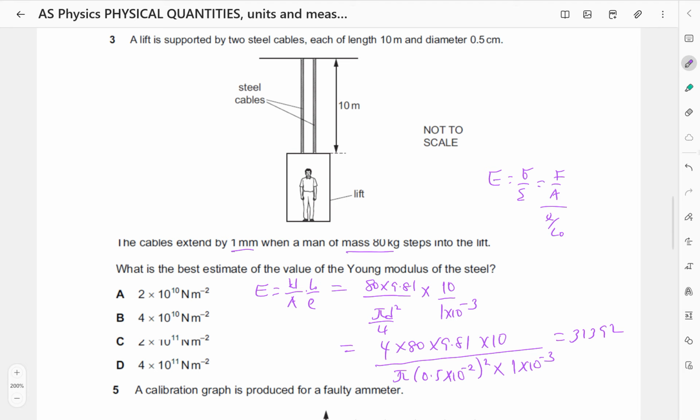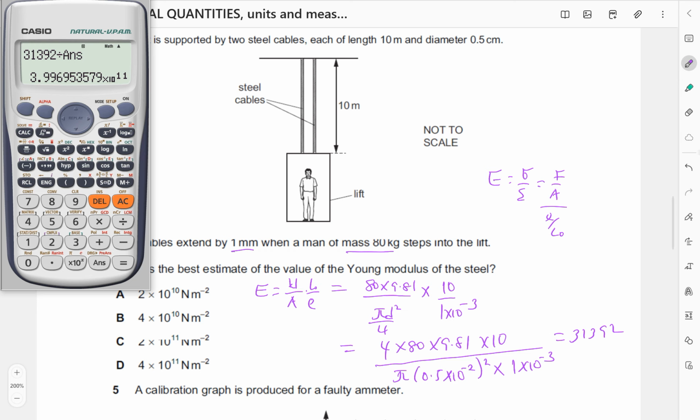So let me check this again. Weight is 80 times g. So this is 4 times 80 times 9.81 times 10, that's the original length, 31392.